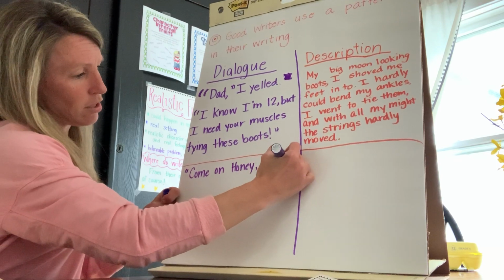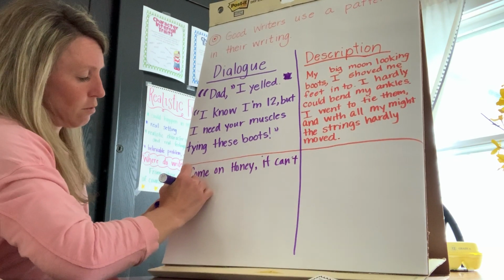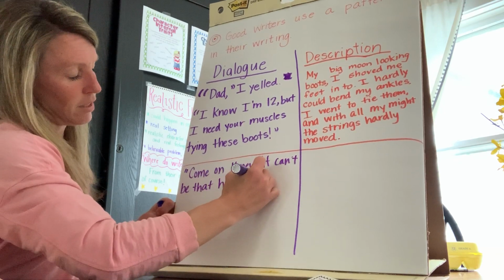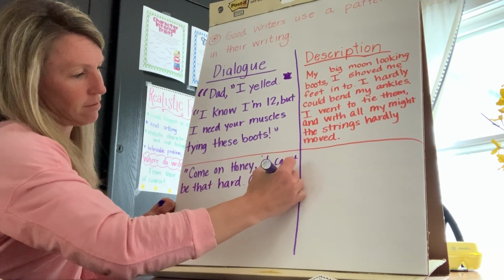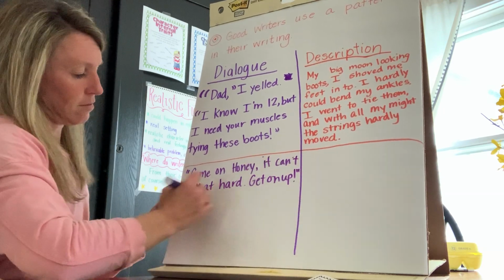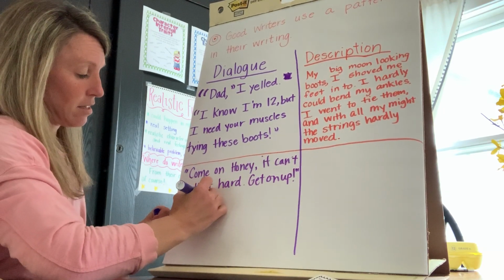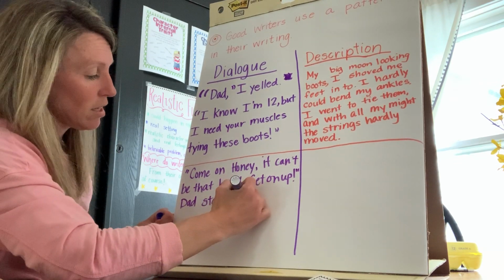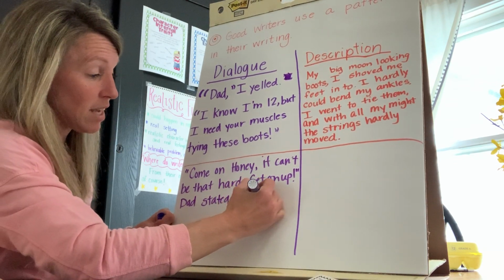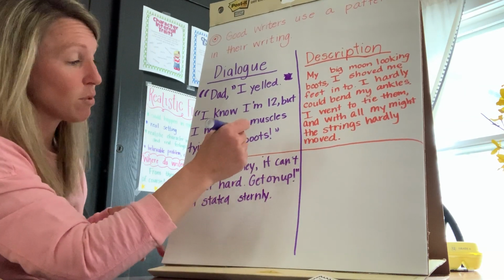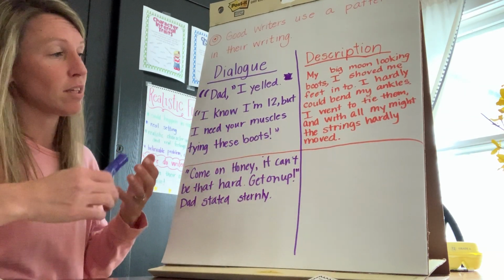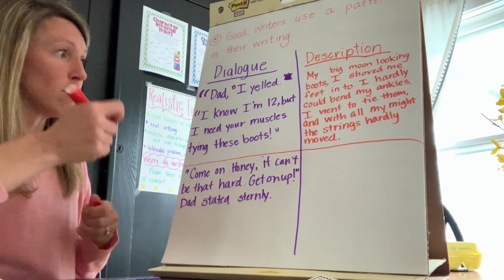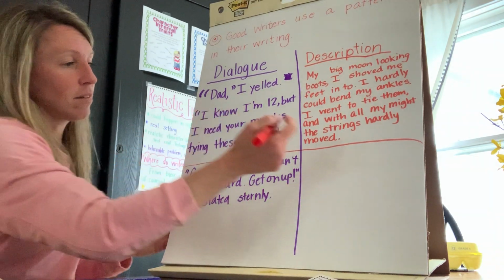It can't be that hard. Get on up. Dad stated, I'm going to say sternly, because Penelope's dad was getting very frustrated with her because it just kept falling and falling and falling.